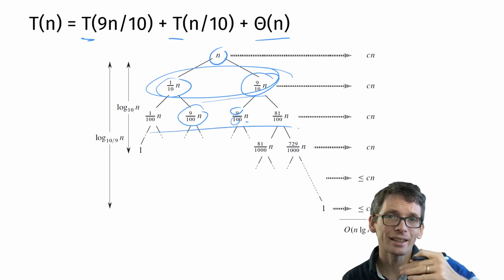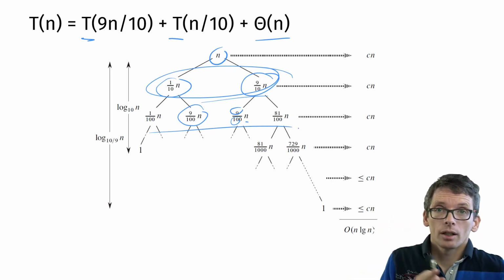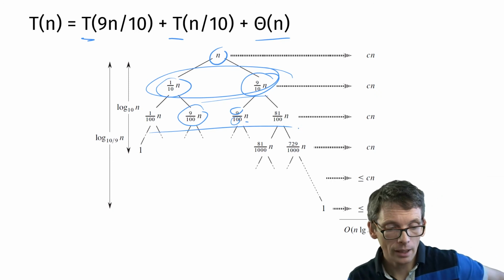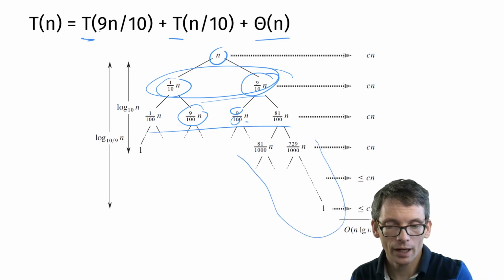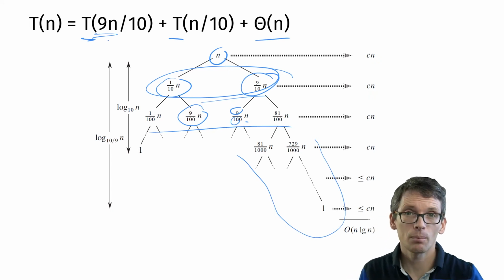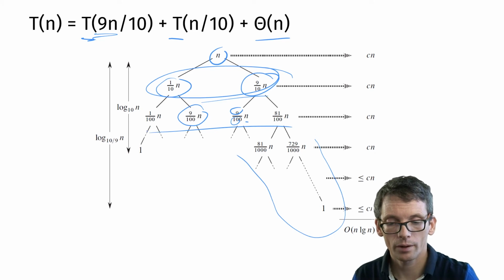Now, what is the depth? That is a bit of the tricky part here. The depth is not uniform, meaning that where I keep more of the n, the tree will be much deeper than where the depth is essentially log n base 10.